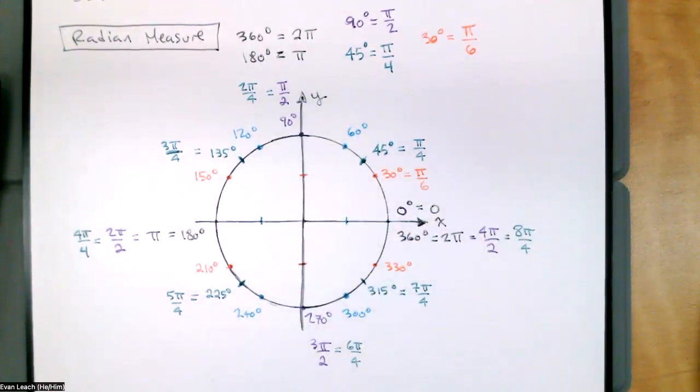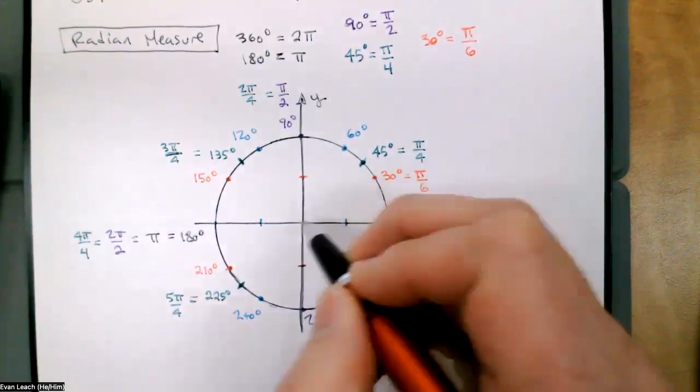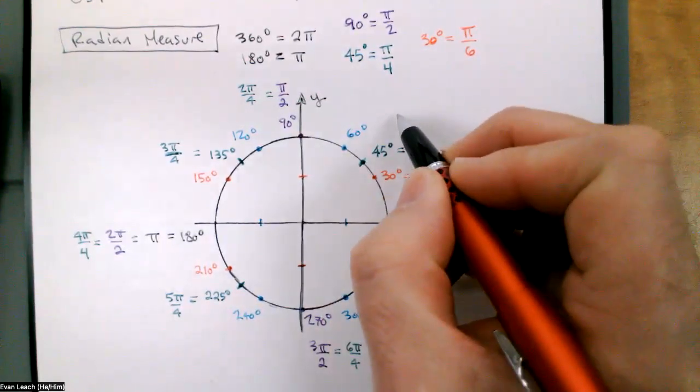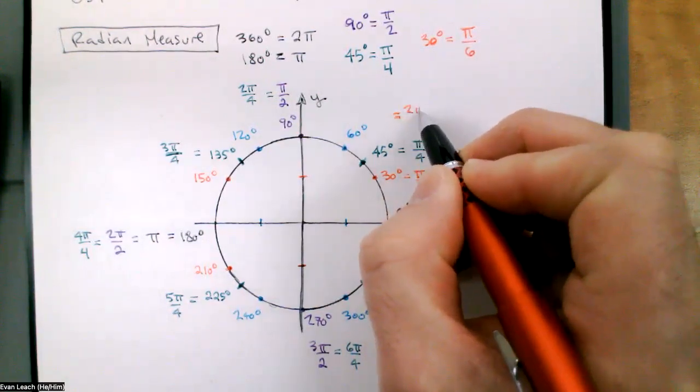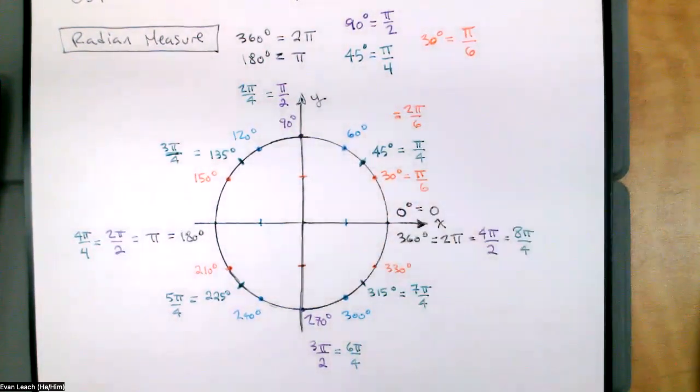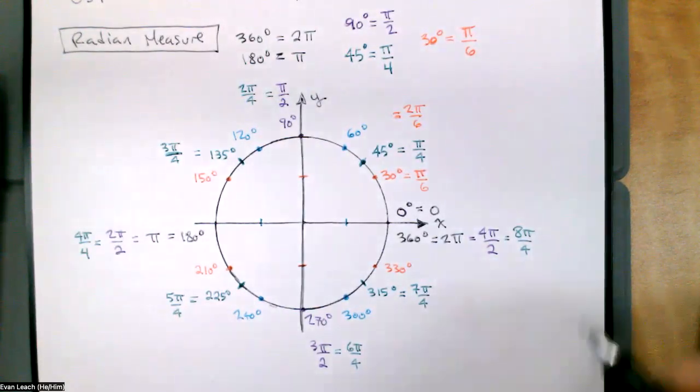What's 2 times 30? 60. And so 2 times pi over 6. What's called 2 pi over 6? We've been counting by 30s. So here's 30, and 60 is 2 pi over 6. What's the more common name for 2 pi over 6? 1/3, pi over 3.